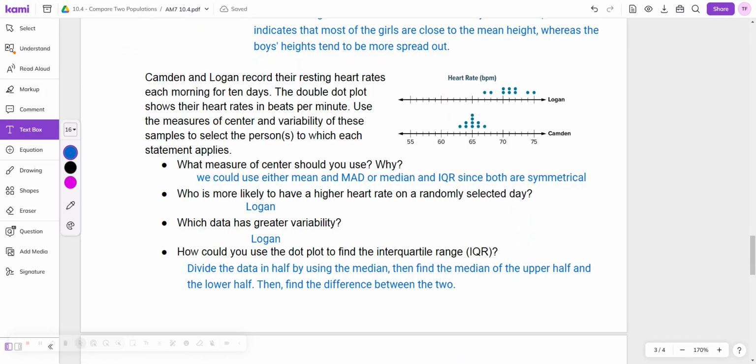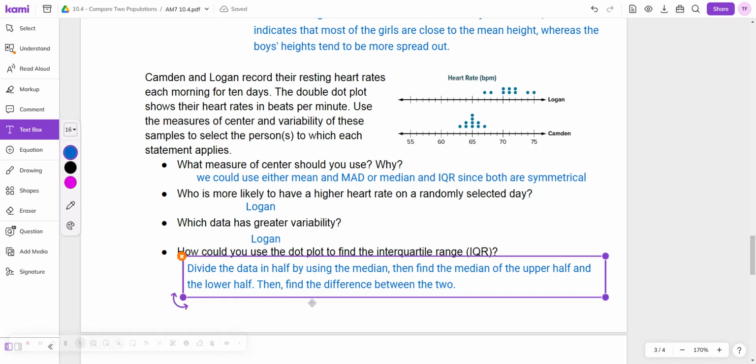Whereas with Camden, it goes from 63 to 67, so that's only 4. Also, I can see that with Camden, his data are more clustered around the center, whereas Logan's are a little further apart.